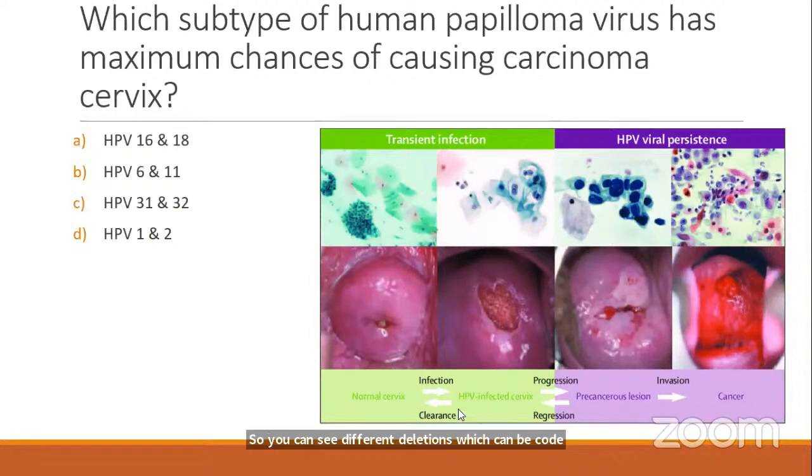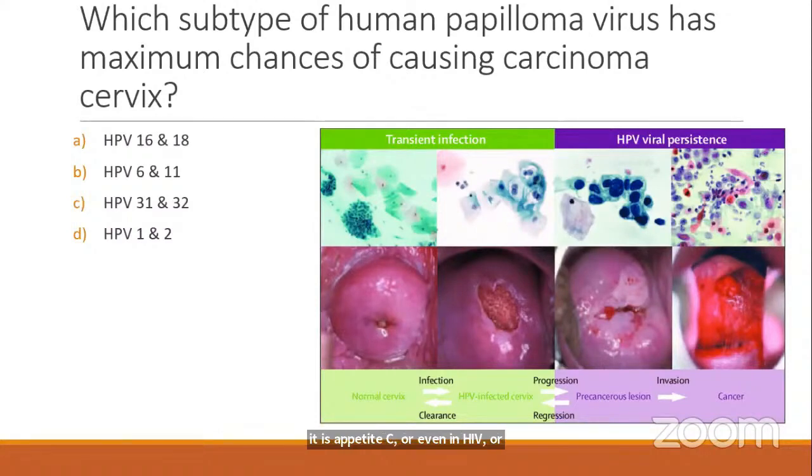In a transient infection, they will not cause that much problem, but when it persists for a long duration, for any viral oncogenesis or any bacterial oncogenesis, the first and foremost criterion is a long standing or a latent infection. So it is also applicable to different viruses like hepatitis B, hepatitis C, or even HIV or Epstein-Barr virus.